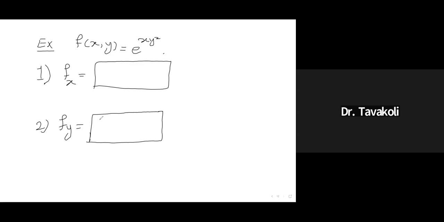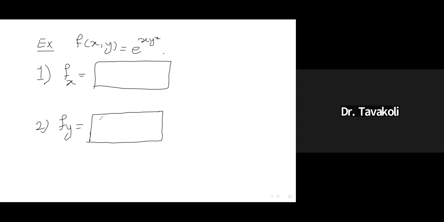So for partial derivative of the function with respect to x, I should deal with y squared as a constant. So to find the derivative of e to the power of xy squared, y squared is like a constant, I should use the chain rule, like from calculus 1.